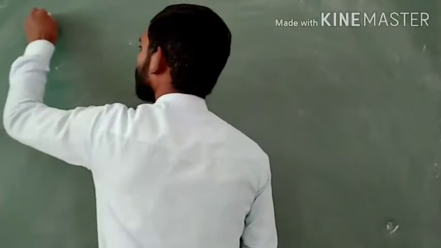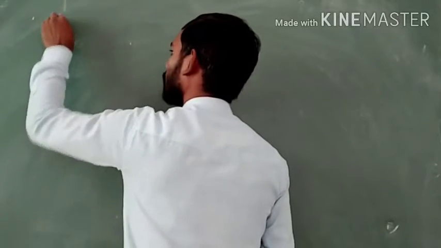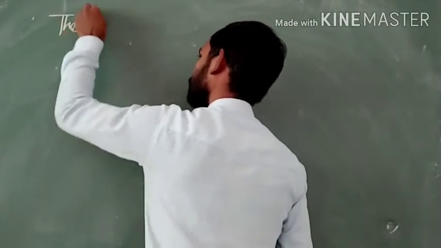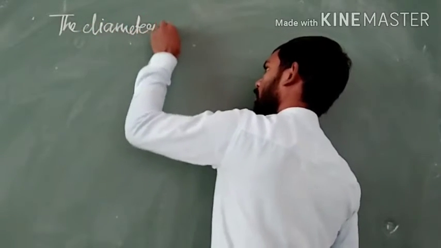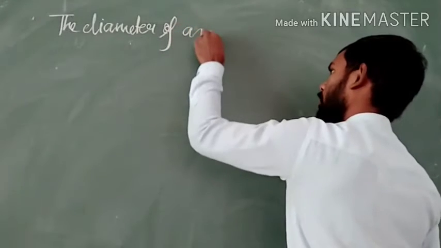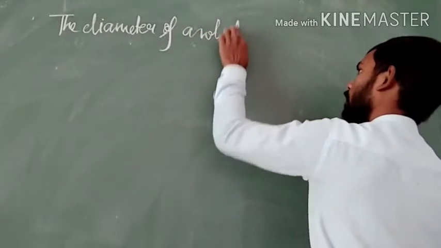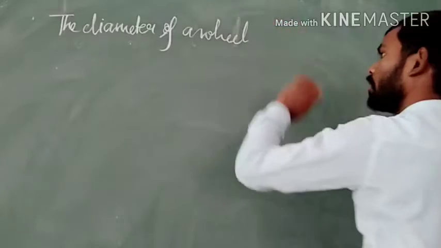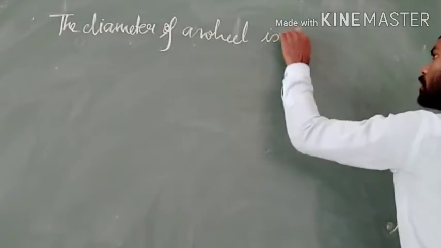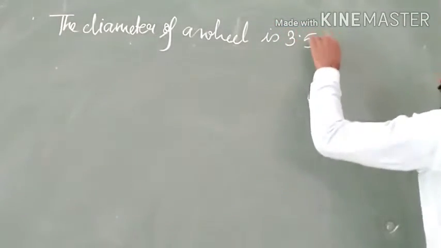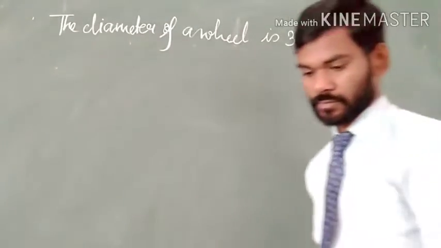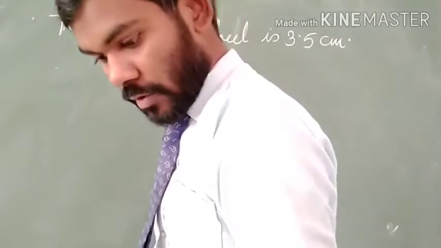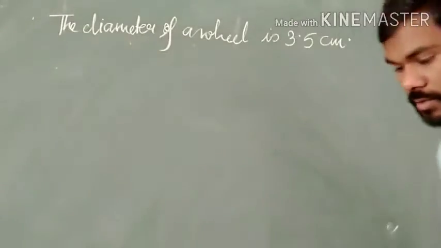The diameter of a wheel is 98 centimeter.